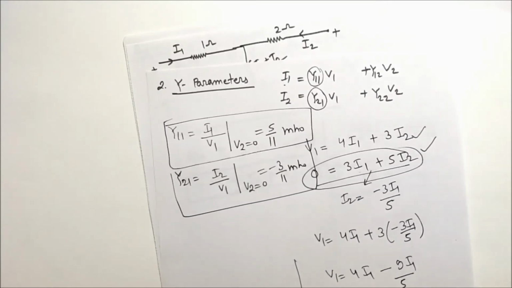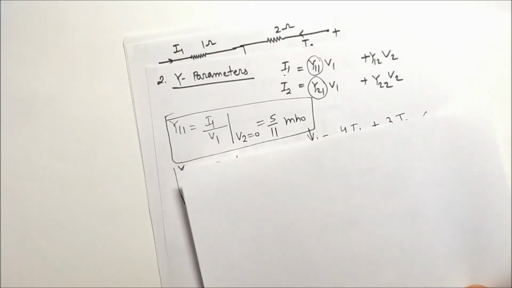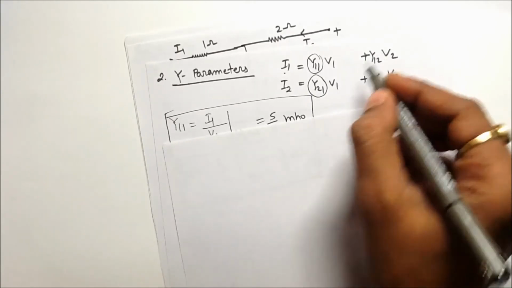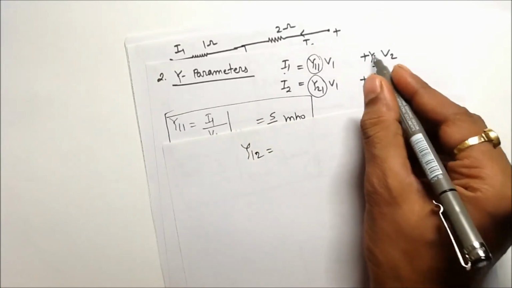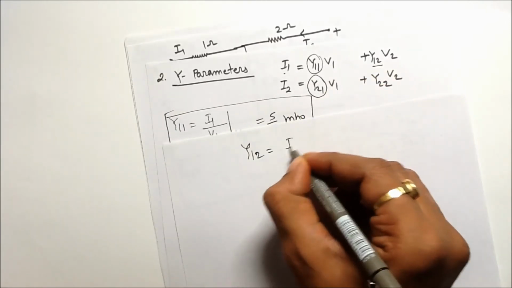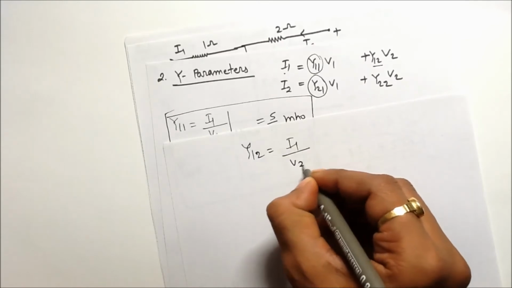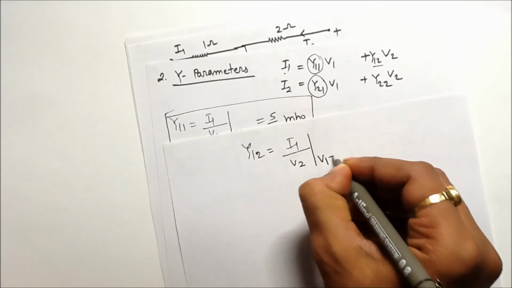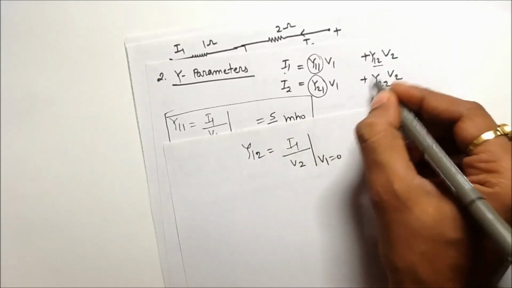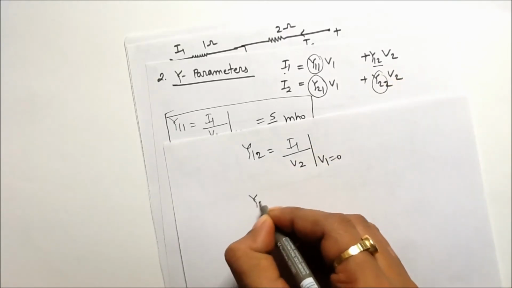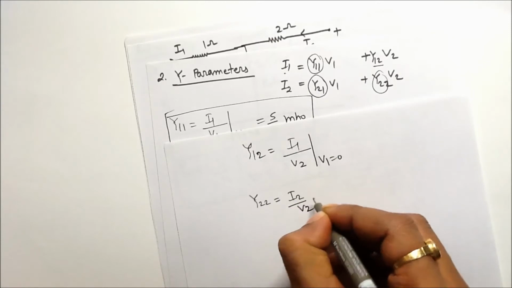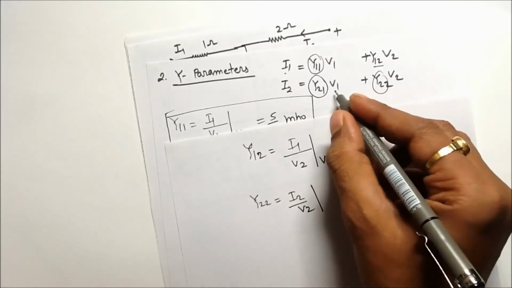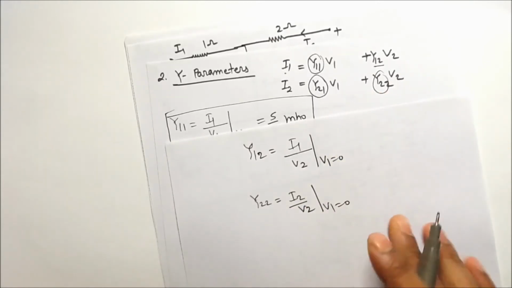Now this Y12 can be defined in this way. Y12 equals I1 upon V2 when V1 equals 0, and Y22 equals I2 upon V2 when V1 equals 0.